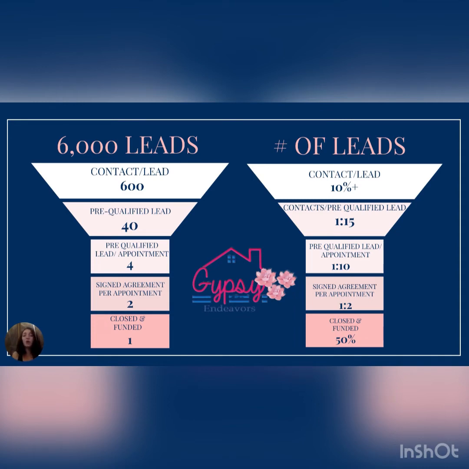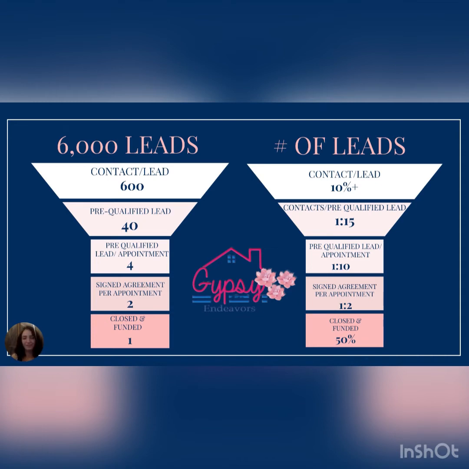So if we need 4 appointments with pre-qualified sellers, how many sellers do we need to talk to? How many pre-qualified sellers do we need to get those appointments set? Remember, the people that we're setting appointments with are going to want to sell within the next 90 days. They meet all of our qualifications with property condition, time, motivation, and price. Okay, so how many of these pre-qualified leads do we need?